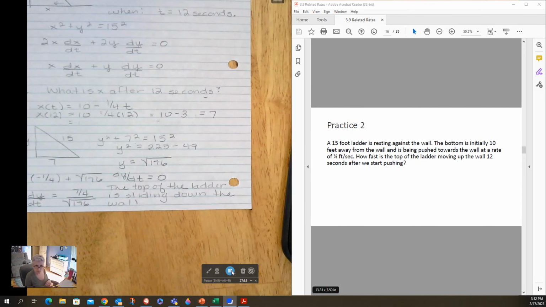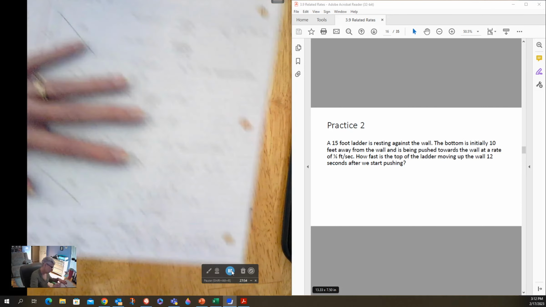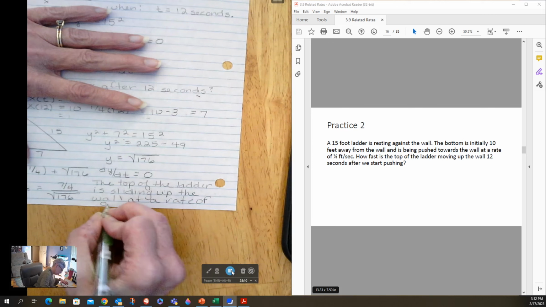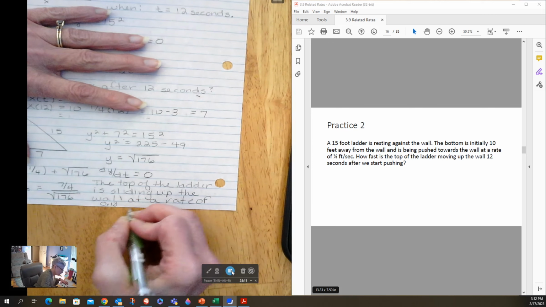Actually, is sliding up the wall, because that's getting bigger, is sliding up the wall at a rate of 0.139132.